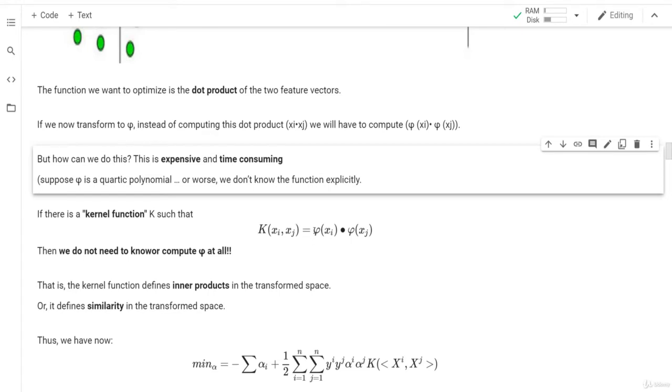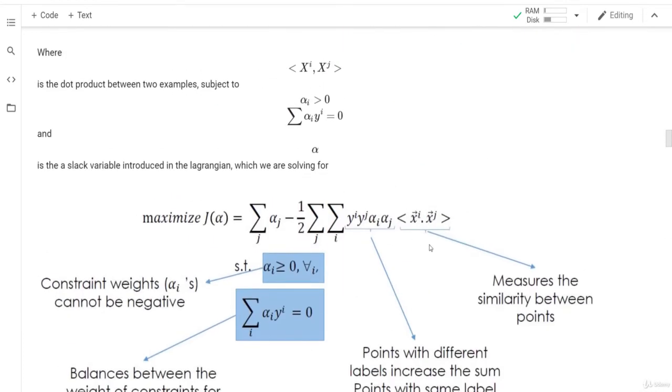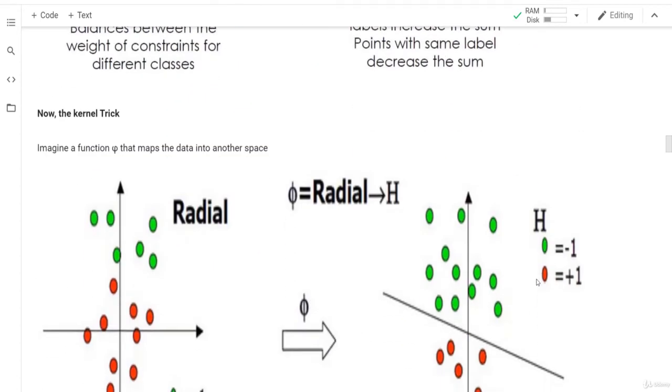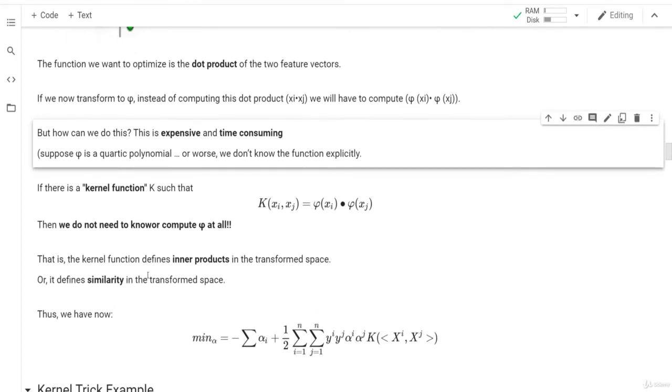The kernel function defines the inner product in the transformed space, or basically it defines the similarity in the transformed space. We said before that the idea of the dot product is measuring similarity. Now, the kernel itself is measuring the similarity in the transformed space.